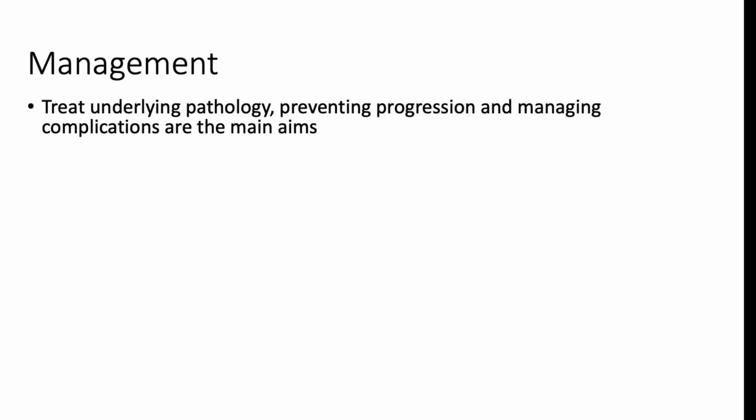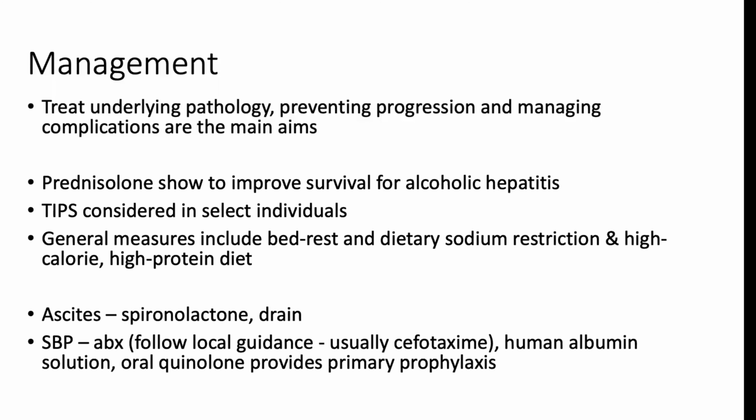And finally, going on to management of chronic liver failure. You should always treat the underlying pathology, and this will prevent progression, and managing complications are the main aims. Prednisolone has been shown to improve survival for alcoholic hepatitis.